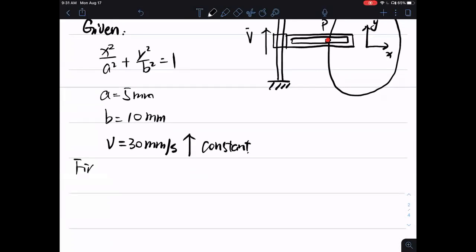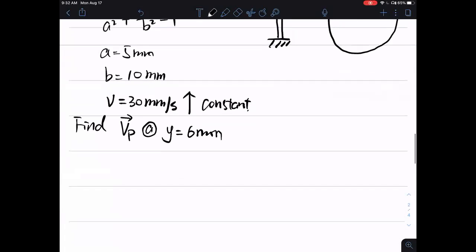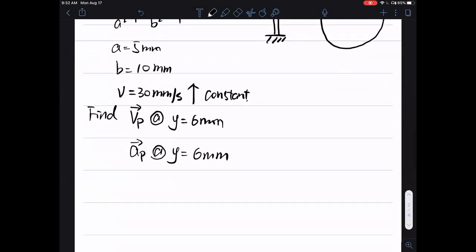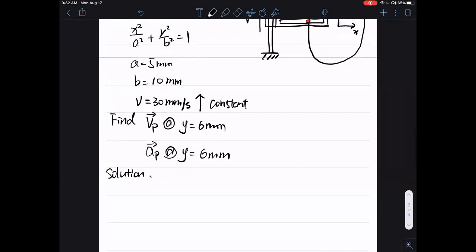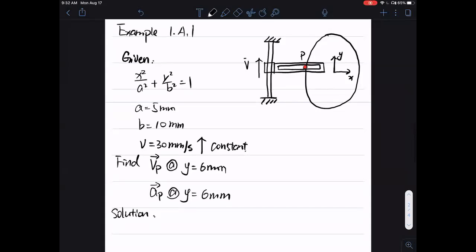We want to find out what is the velocity of particle P at y equals 6 millimeters. And what is the acceleration of P at the same y?